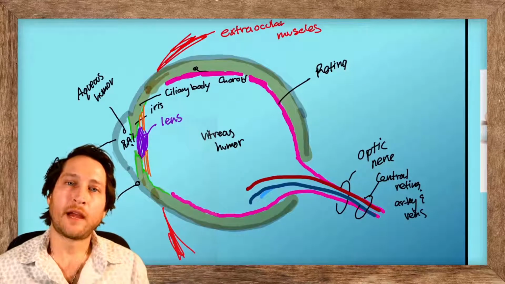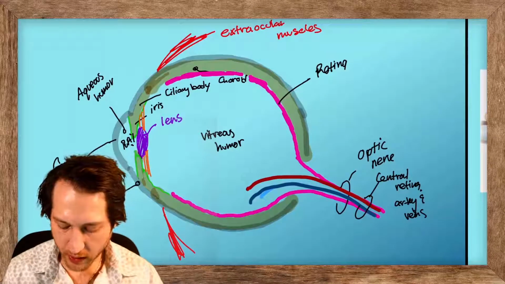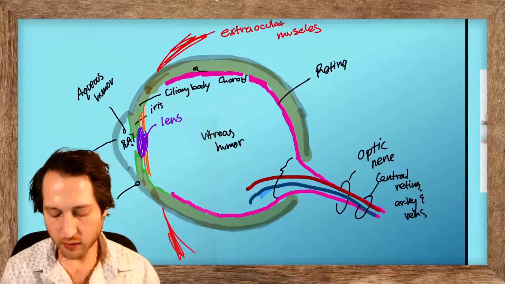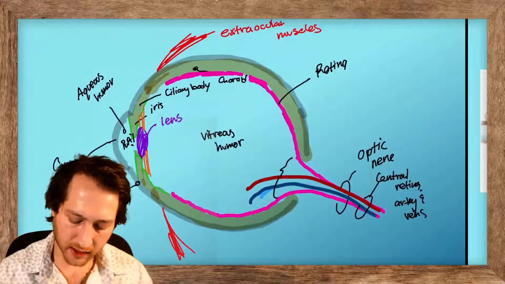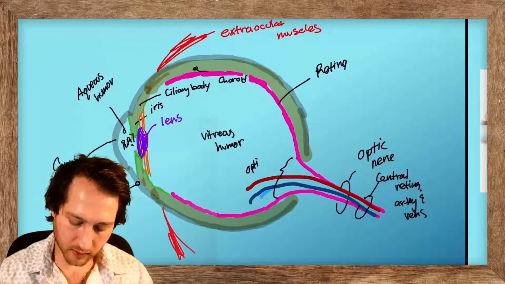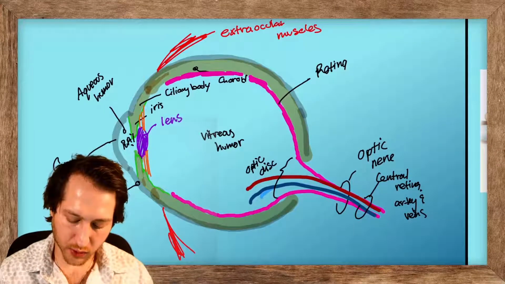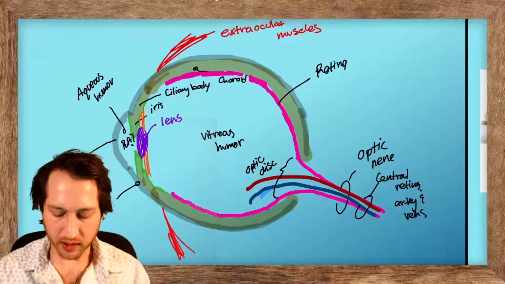All right. And then remember this region where the optic nerve and those central artery and veins exit and enter the eye is going to be the optic disc. And that's also known as the blind spot, which we'll talk about in a bit.